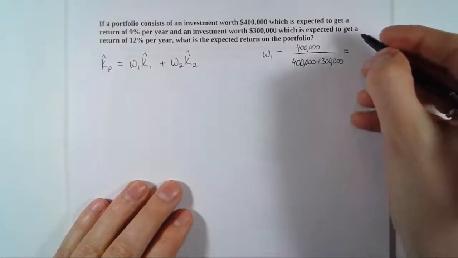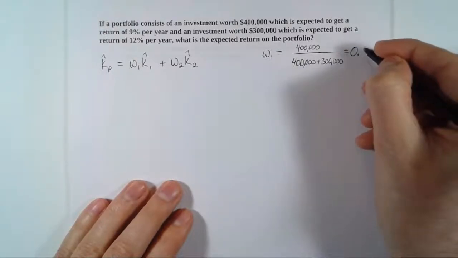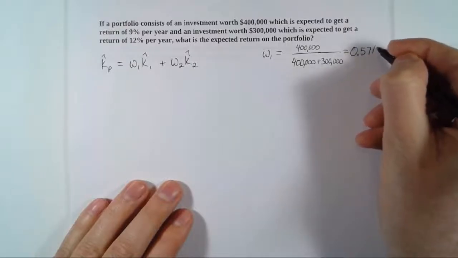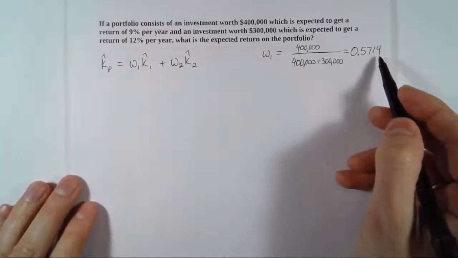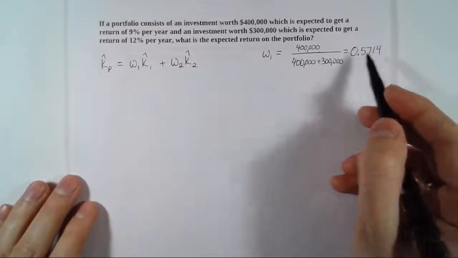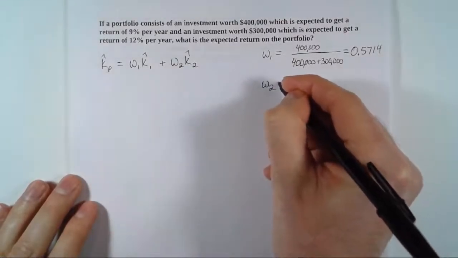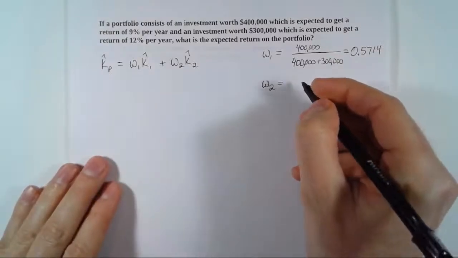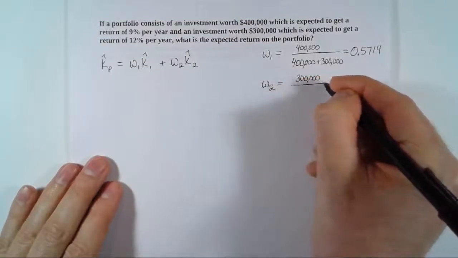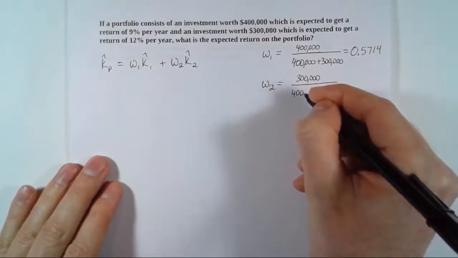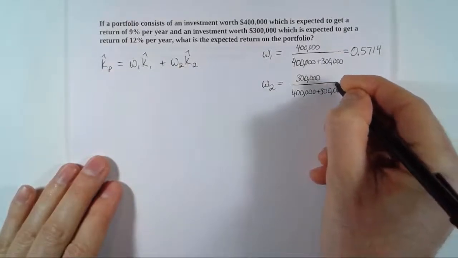Okay, so if you pause the video and work that out, what you should have gotten was the weight of the first investment here is 0.5714. So in other words, 57.14% of the portfolio's value is invested in this first investment. Now for the second investment, the weight of the second investment is going to be equal to $300,000 divided by the $400,000 plus $300,000, or in other words, the total value of the portfolio.